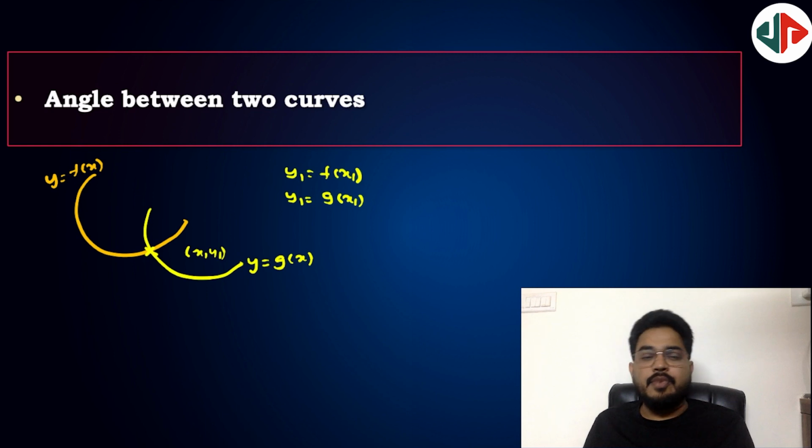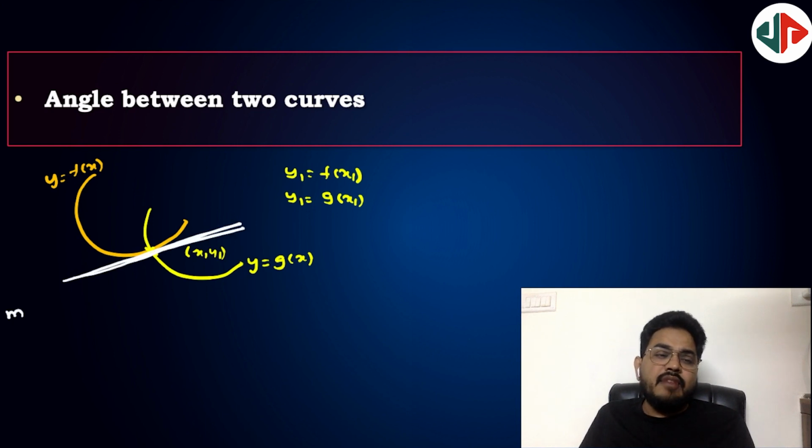If this is the point of intersection, what is the angle between these two curves? So angle between these two curves is simply the angle between, so this is the tangent to the first curve, m1 is equal to f dash of x1, and this is the tangent to the second curve, m2 is equal to g dash of x1.